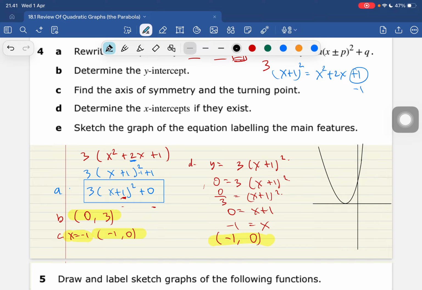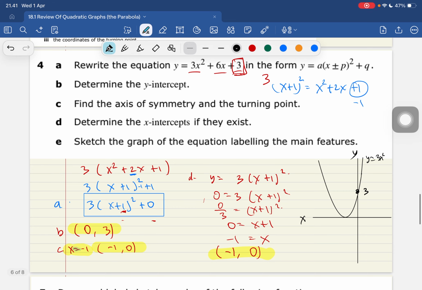Okay, there it is. So this is y, this is x. The y-intercept is (0, 3). Here is y equal to 3x squared plus 6x plus 3. I don't have enough space.